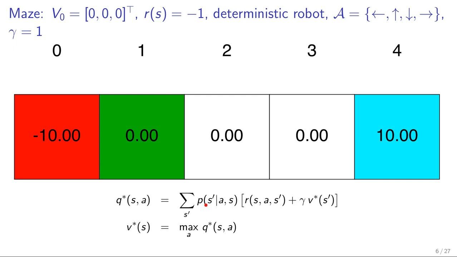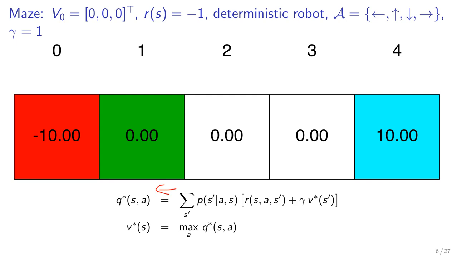In this case, we don't need to sum over these things because we have a deterministic world, and gamma is 1. So the only thing we have to do is the immediate reward plus the value of, let's say, the neighbors in the state space. This is the Bellman equation. But for value iteration, we replace the equality by an assignment, an arrow.